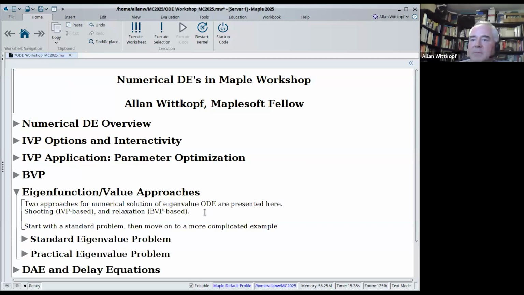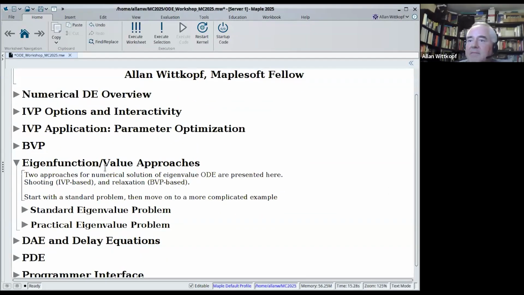Okay, something that I know is near and dear to definitely the hearts of a couple of people attending today: eigenfunctions and eigenvalues. There are two basic approaches, one better than the other, usually, for eigenvalue problems. So we're going to do a simple eigenvalue problem to start, and then we're going to move on to a more complicated example second.